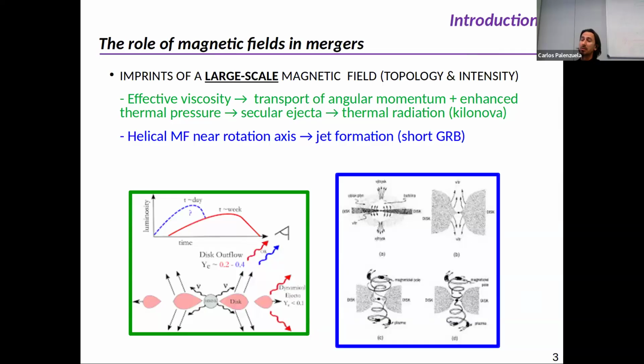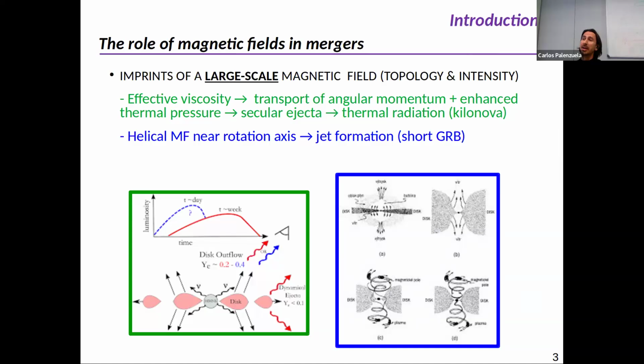So it actually produces a larger secular ejecta that is going to be seen later in the thermal radiation as a kilonova. So it may change the spectra of the kilonova.